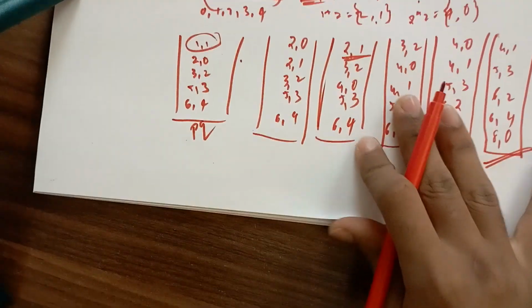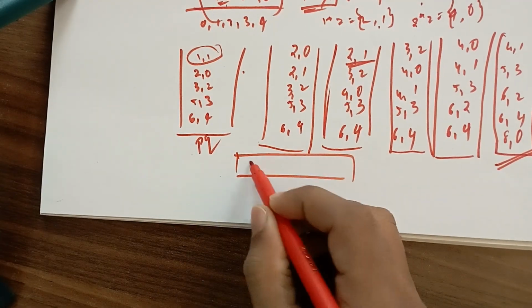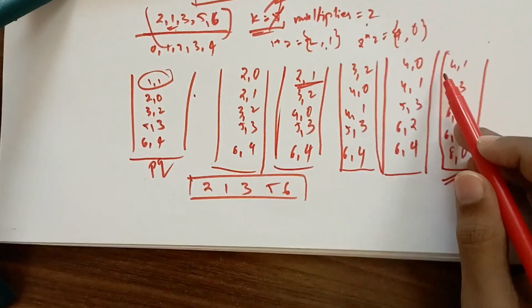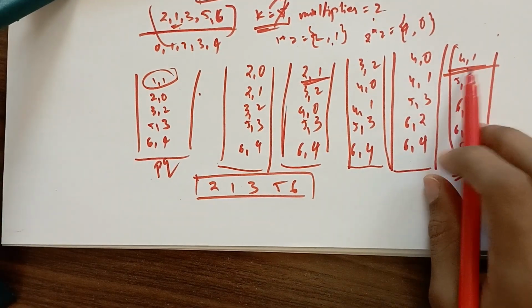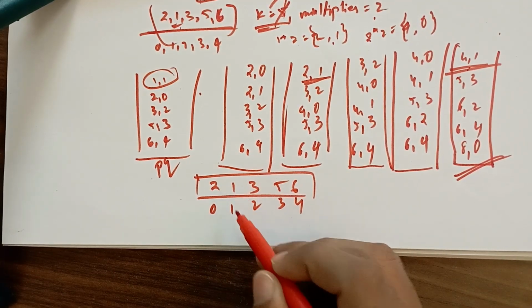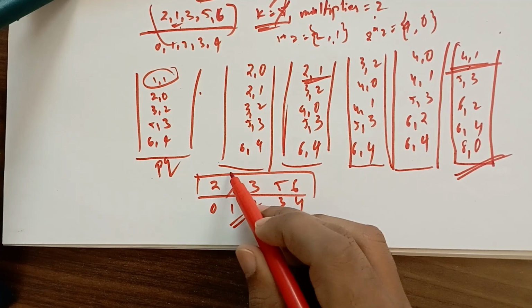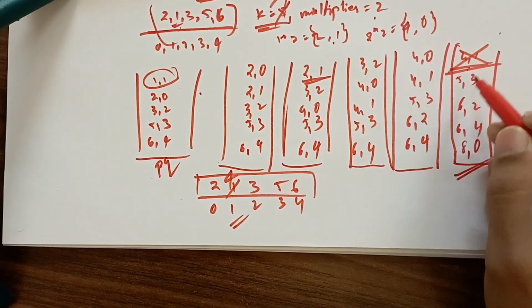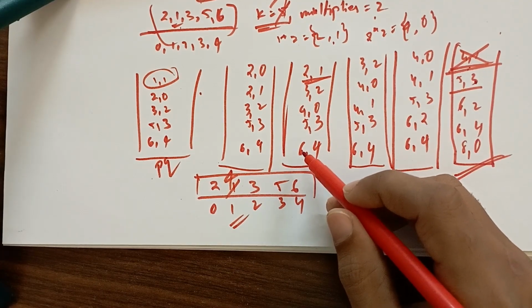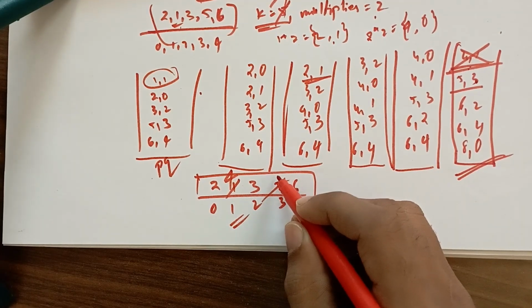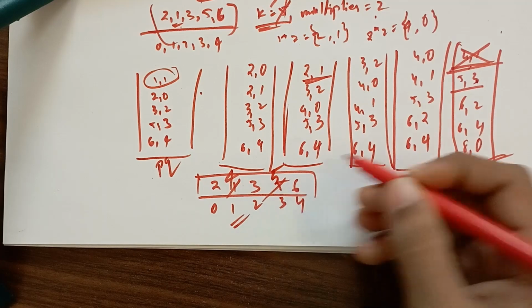Now we have nums as 2, 1, 3, 5, 6. We need to take out one element at a time. Now 4 comma 1. That means at index 1, we need to change that to 4. So we got 4. Now we need to remove that. And 5 comma 3. At index 3, we need to change that to 5. It stays 5 as it is the same.